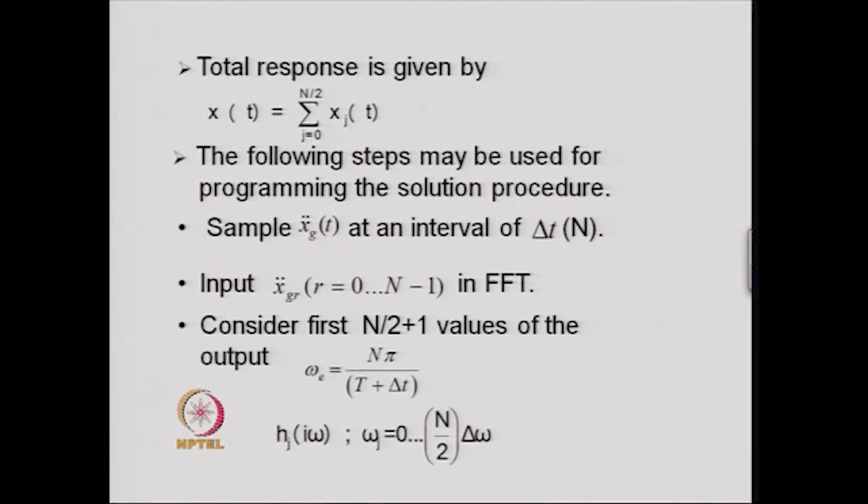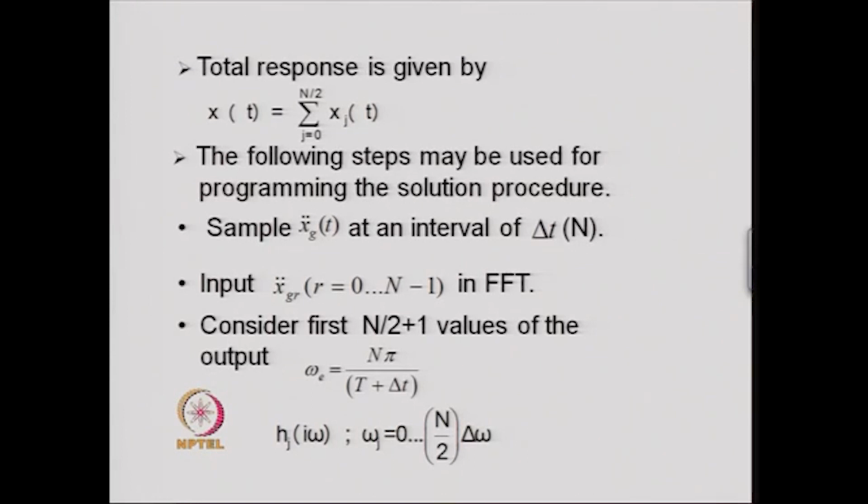The summary of the frequency domain analysis is given over here. Sample x double dot g(t) at an interval of delta t, that will give n values of the ordinates. Then input these sampled values in FFT.